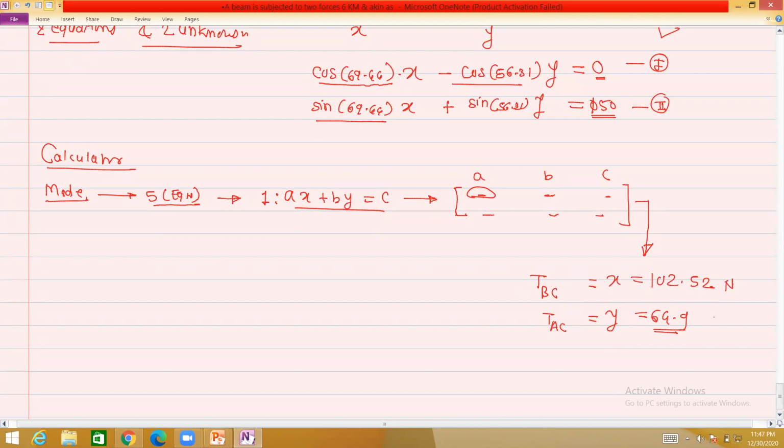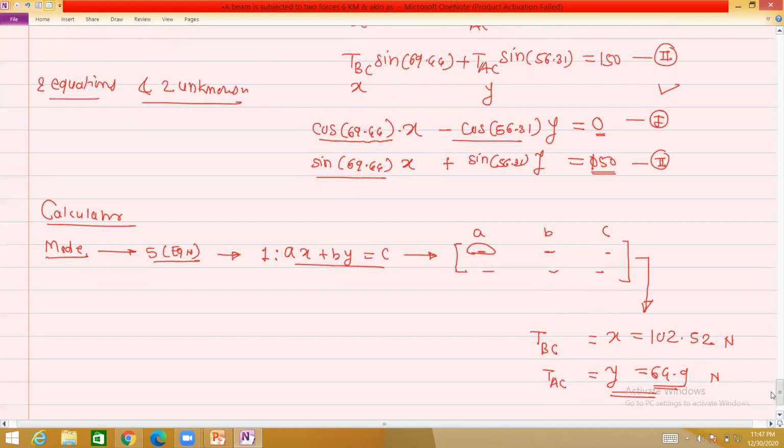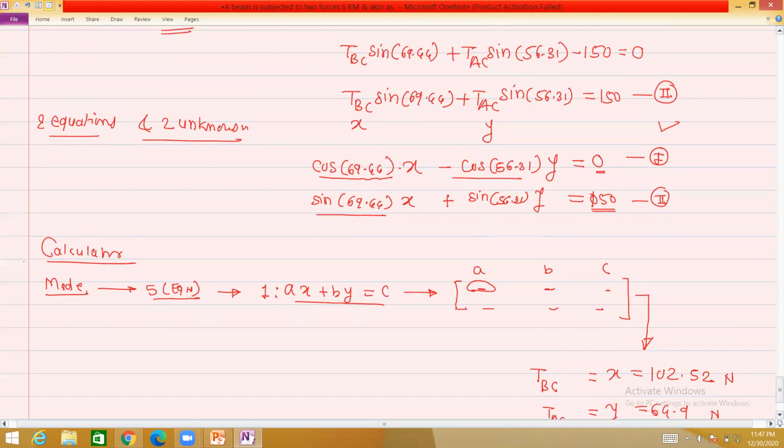These are in Newton, so this is your final answer. You can follow this procedure to solve these equations directly in the calculator. Okay, is it clear to you how to solve this problem on equilibrium?